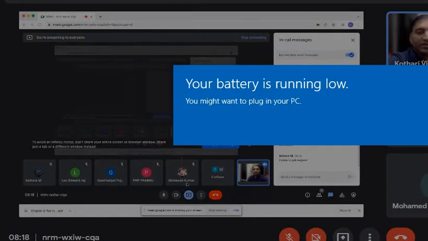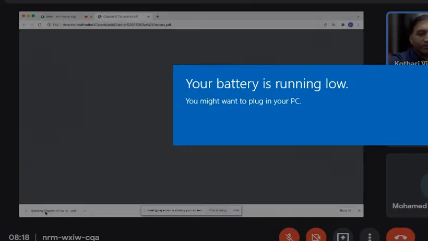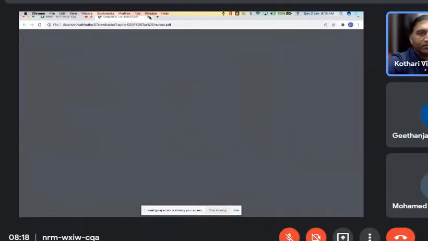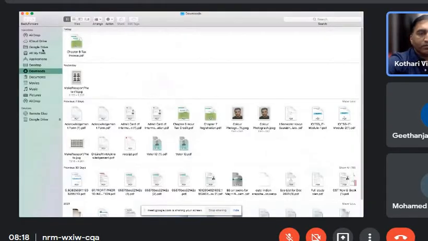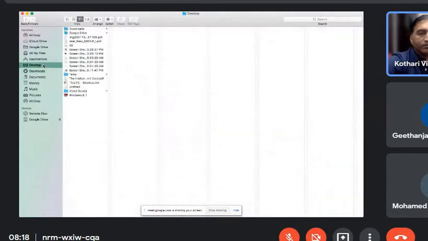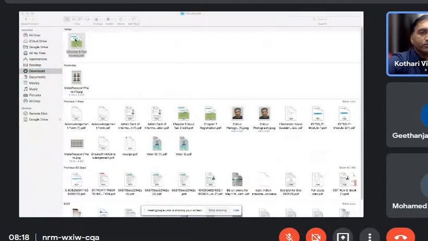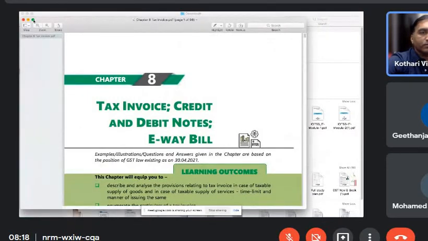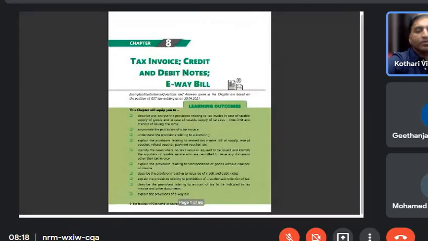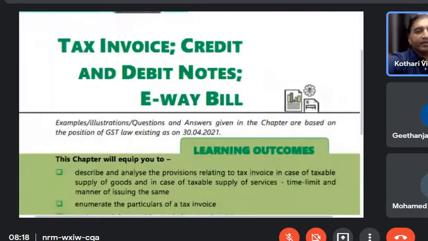Now we'll go to the last chapter: tax invoice, debit note, credit note and e-way bill.